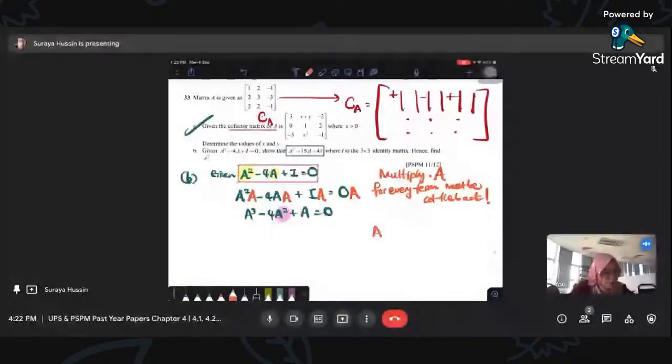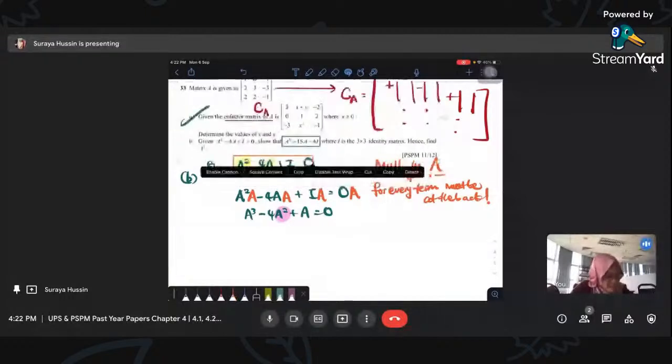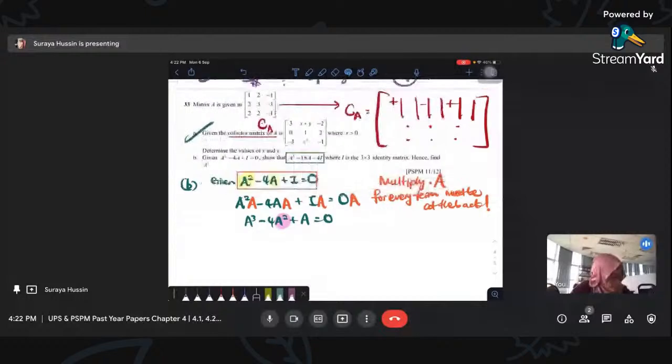So now, let me copy this thing first. No, I cannot copy it sebab dia dah bergerak-gerak. So A squared minus 4A plus I is equals to 0. So you can jadikan A squared sebagai subjek.